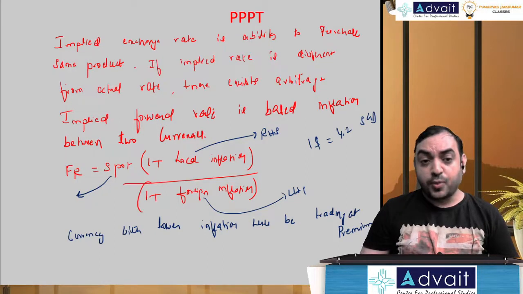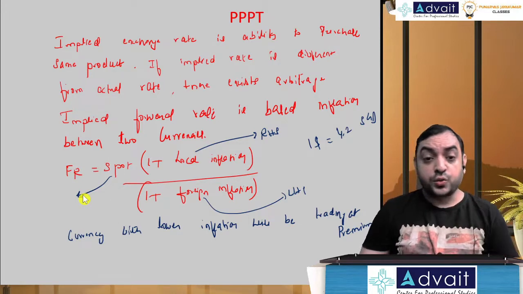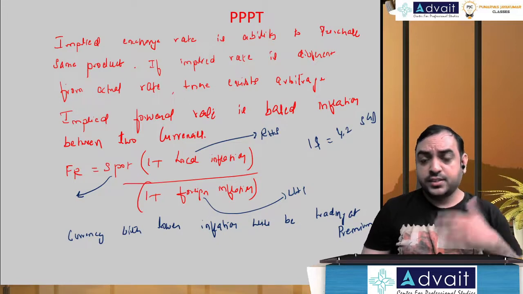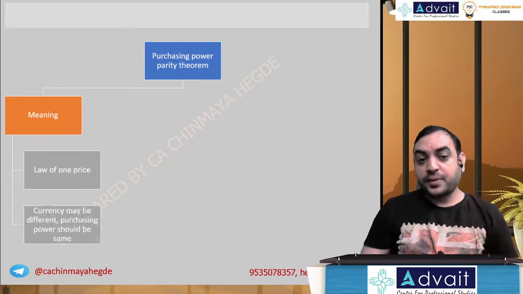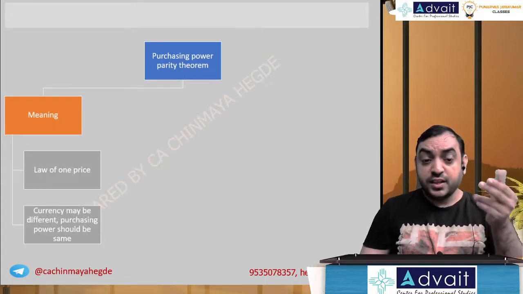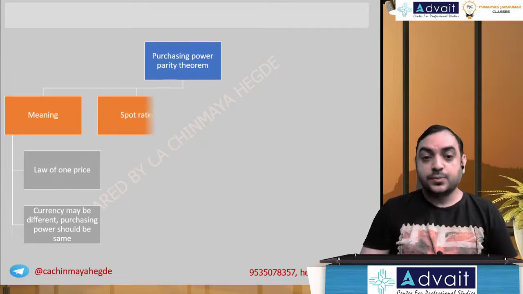Next, we have, more importantly, the interest rate parity theorem. That's a very interesting and also very important one. So what we just learned: the purchasing power parity theorem, the law of one price. Currency may be different, but purchasing power should be the same in two different currencies.